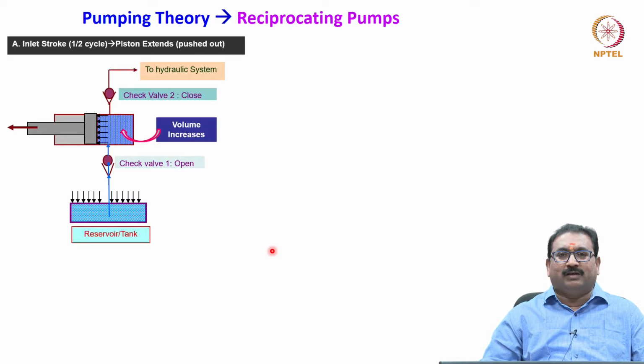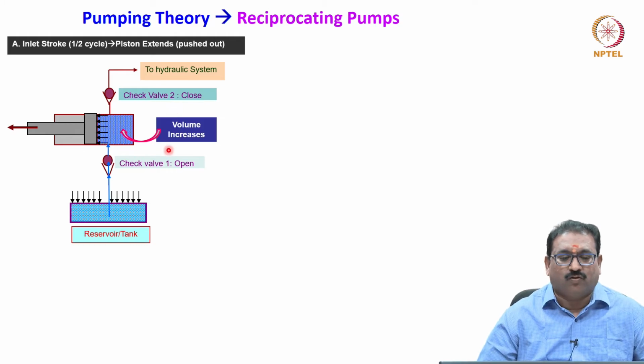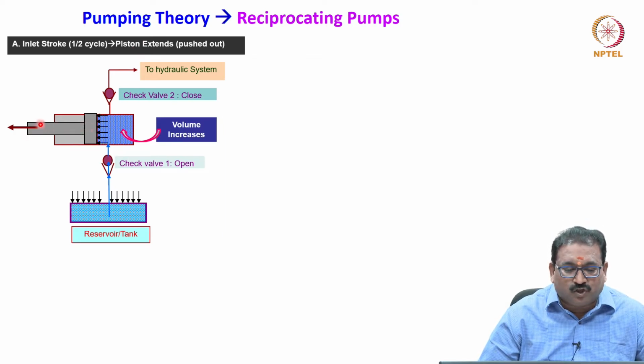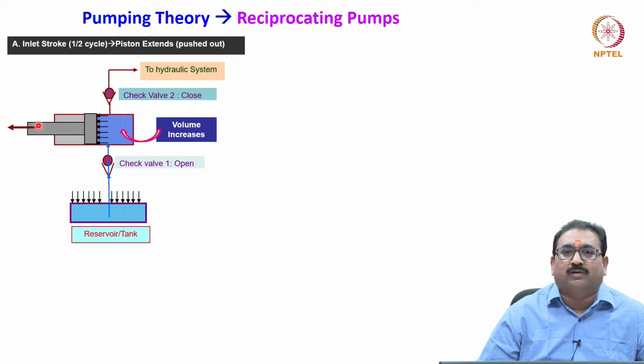Very simple, friends. In this sketch, you will see the inlet stroke, which is a half cycle. What is this half cycle? I will tell you. In this figure the piston extends, meaning it is drawn out, moving from the right side to the left side.